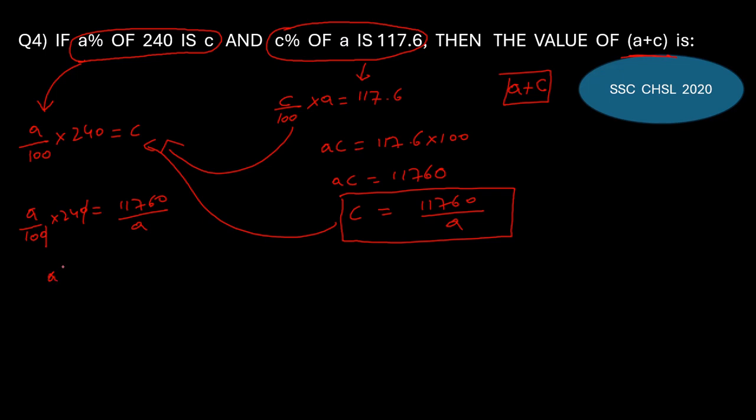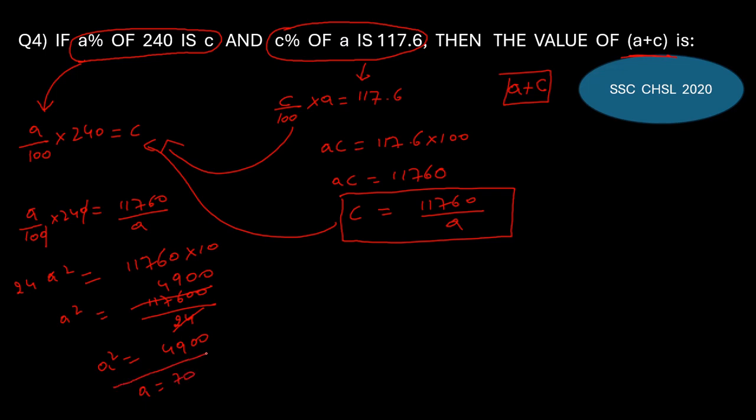By cross multiplication, A square into 24 equals 11760 into 10. So A square equals 117600 upon 24. By cancellations, 24 fours are 96, 24 nines are 216, so A square equals 4900, which means A equals 70.